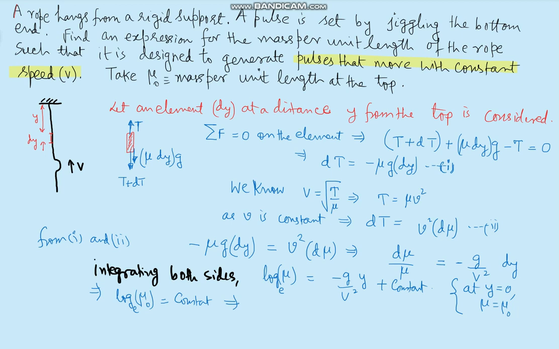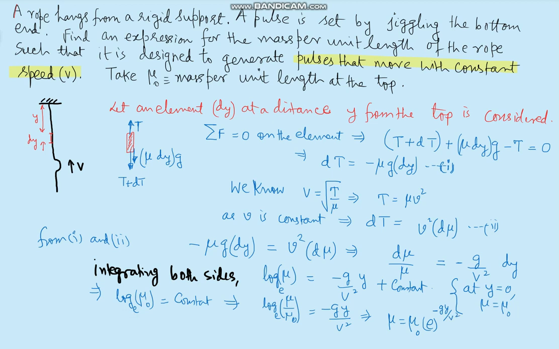So putting the value of the constant and rearranging the terms, we get log of mu by mu naught to the base e is equal to minus g y by v square. So mu by mu naught is e to the power minus g y by v square, and therefore mu is equal to mu naught into e to the power minus g y by v square.